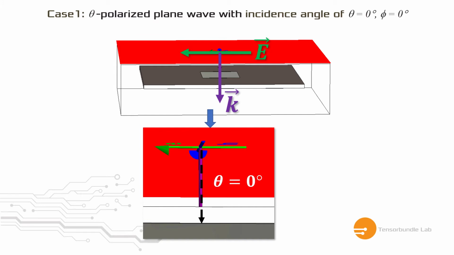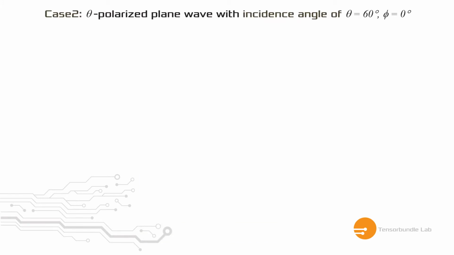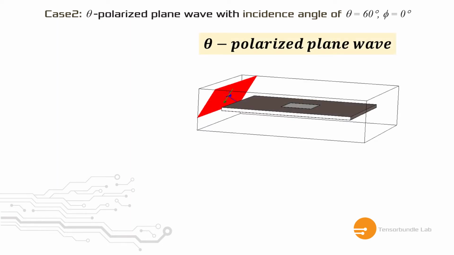So this is the first case, and then the second case, where we have an incidence angle of theta equals 60 degrees and phi equals 0 degrees. And then the plane wave will be like this. You can see the k vector and E vector.